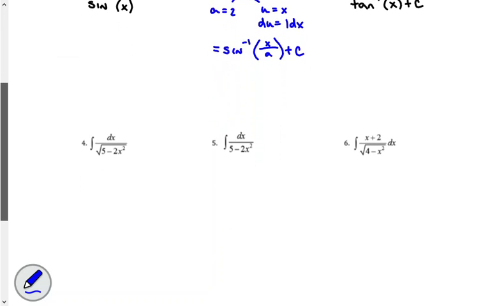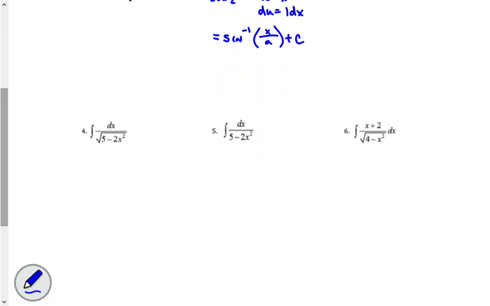Let's discuss 4. So if you use the formula, this would be inverse sine. 5 is your, a would equal what? Root 5, good. And u would equal, yeah, I'm going to go x root 2 because it's nicer to put the variable on the outside of the root. Okay, do I have a du other than 1?